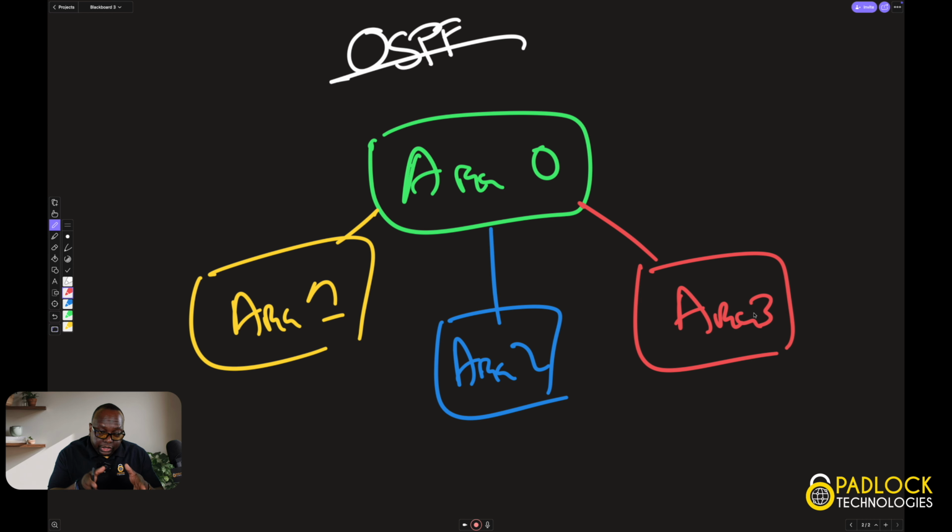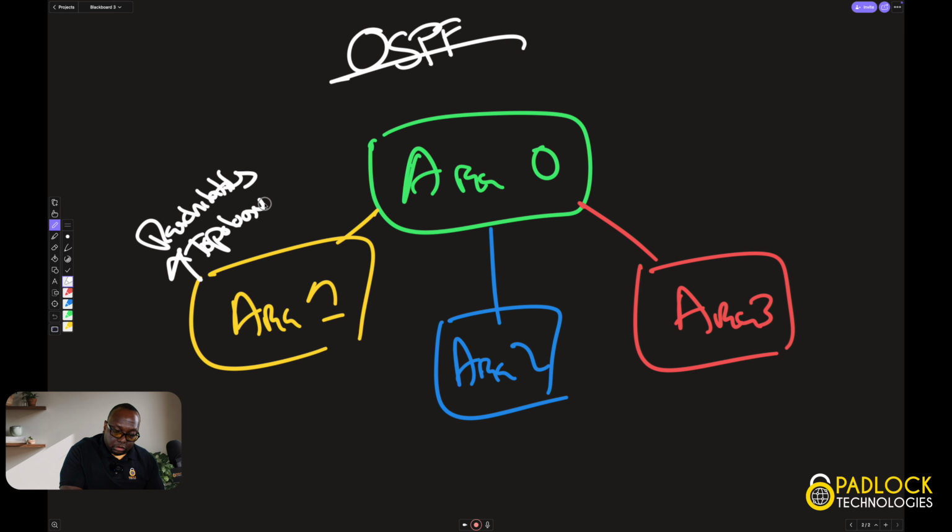Now, within the area is reachability and topology information. Okay, within area. When it goes outside of the area, it is only reachability only.